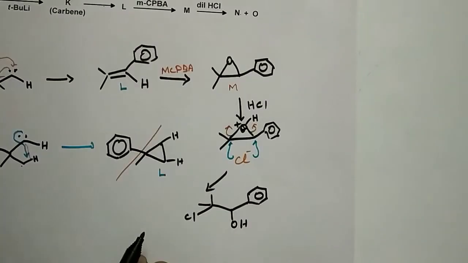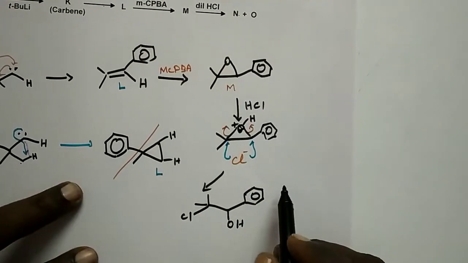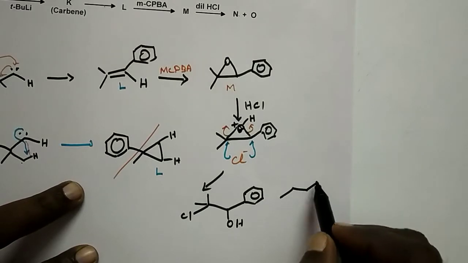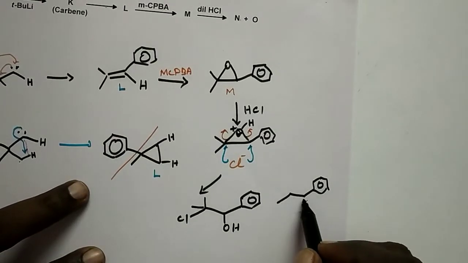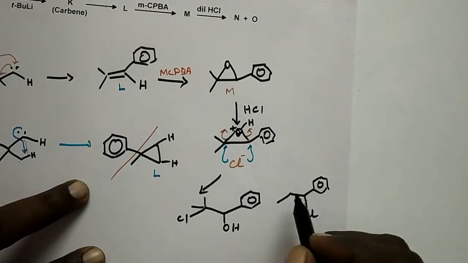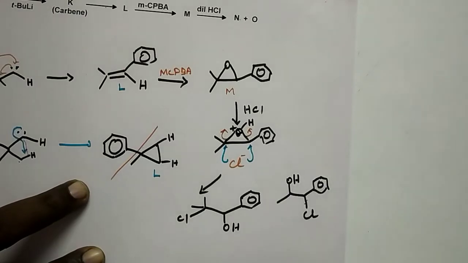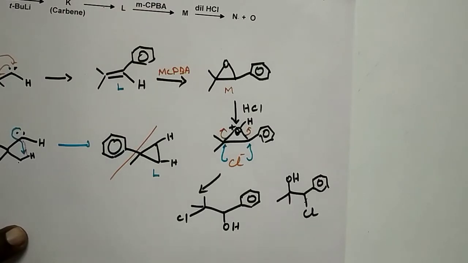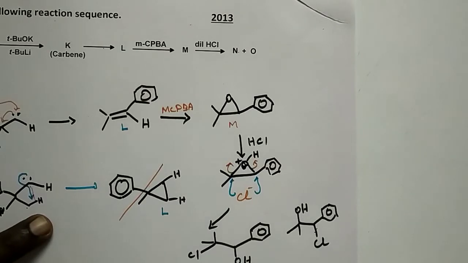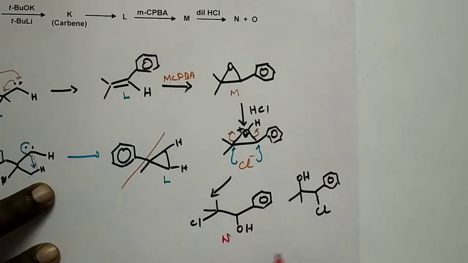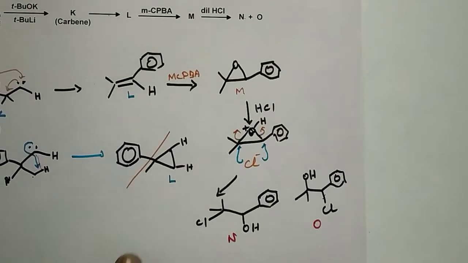And if the attack is here, the same, Cl minus, OH, and here OH. So these two products, that's what they mentioned. There are two products obtained, one is N and O. So let me assume that this is N and this is O.